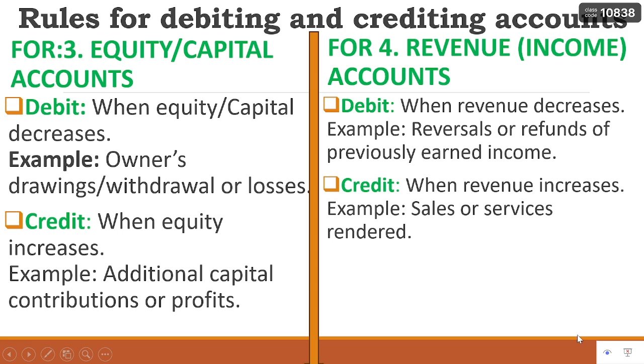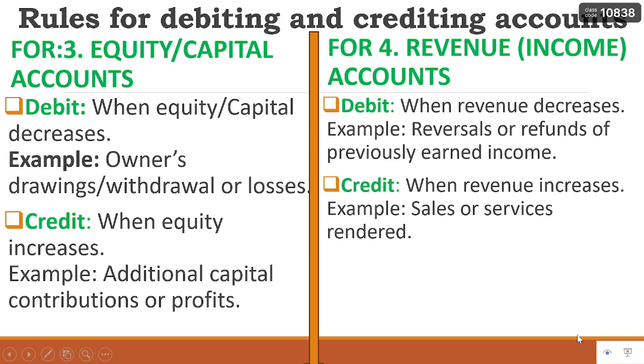Examples: debiting revenue when there are reversals or refunds of previously earned income, when income was earned and you want to reverse it. Reversing it, of course, you will have to debit.